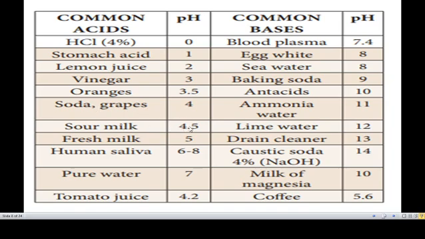Sour milk 4.5. Fresh milk 5. Human saliva 6 to 8. Pure water 7. This is a neutral solution. The pH of pure water is 7. Tomato juice 4.2.